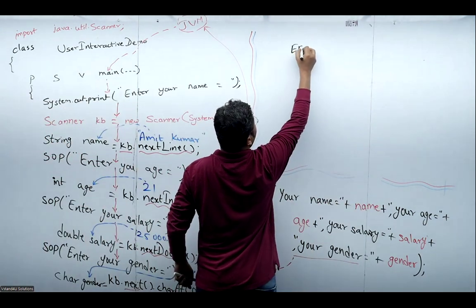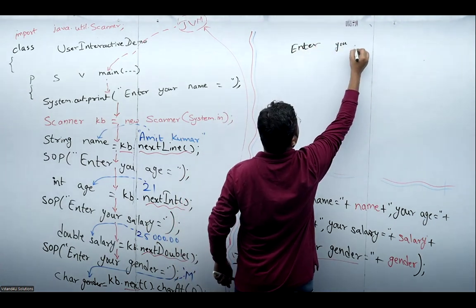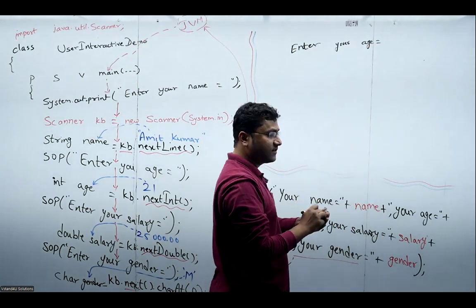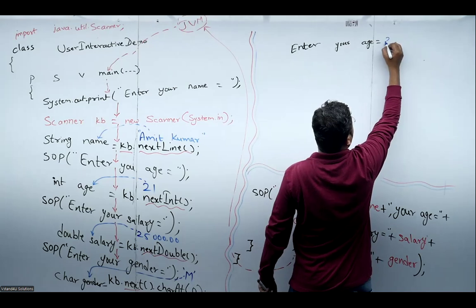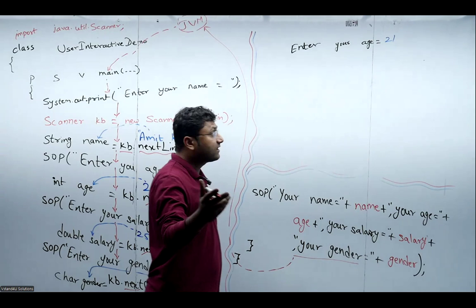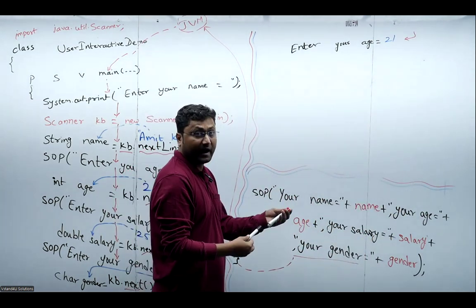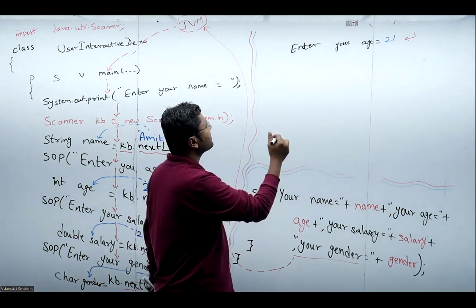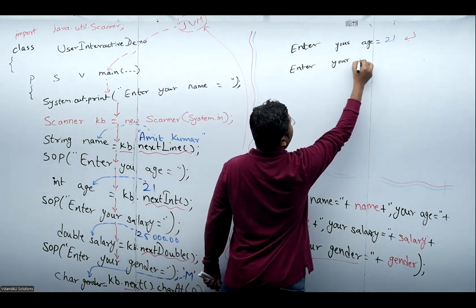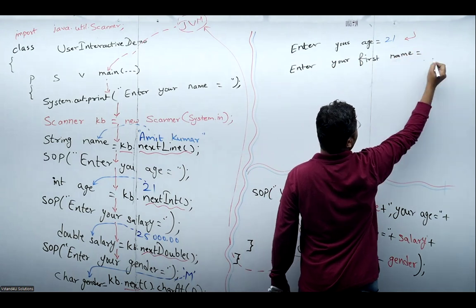First time I'm saying, enter your age equal to, say user has given some age value as 21. After giving the age value, I'm expecting the user would have definitely struck the enter key. Done. Once the user has entered and pressed the enter key, then I'm asking: enter your first name equal to.